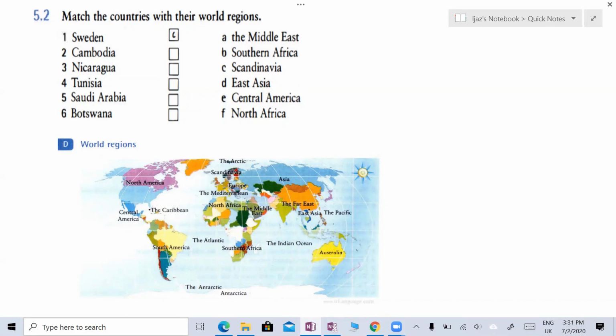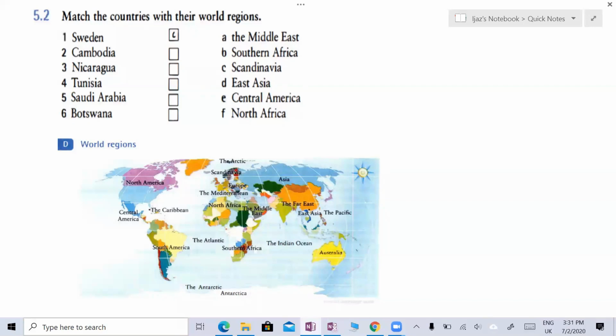Tunisia, I have another very good friend working with me here, who is originally from Tunisia. The others, Sweden, Cambodia, Nicaragua. I didn't even know much about Nicaragua before.